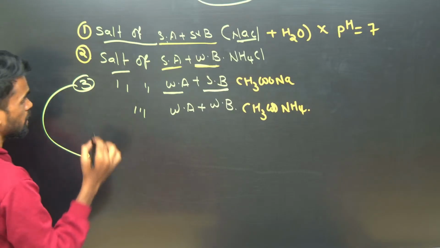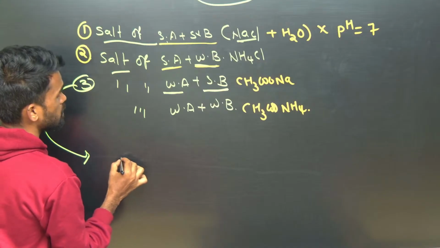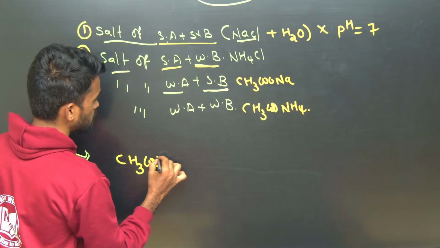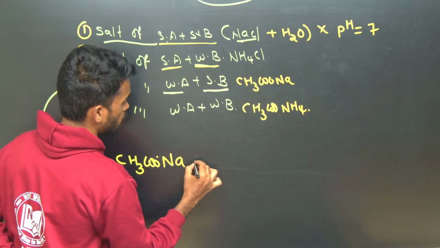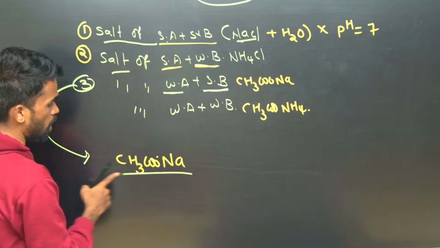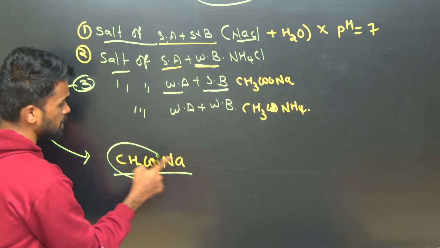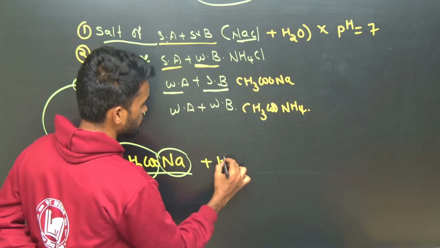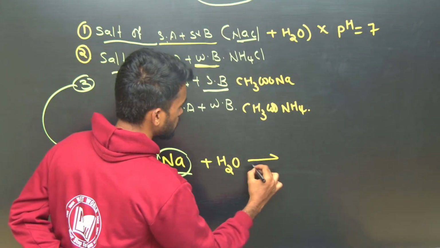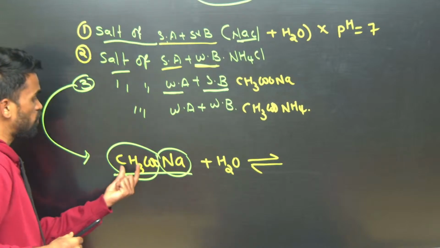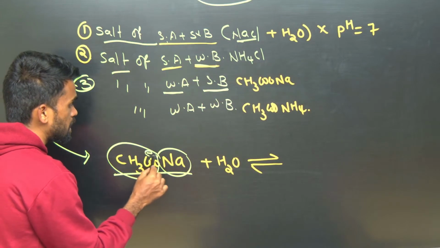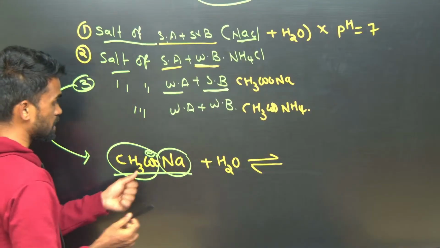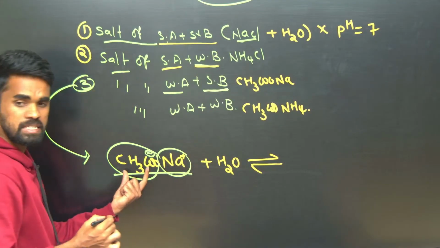I am taking hydrolysis of salt formed from weak acid and a strong base, like NaOH. Now if I hydrolyze this, what happens, tell me? From here, what is the cation? Na plus is the cation, and the anion is acetate ion.